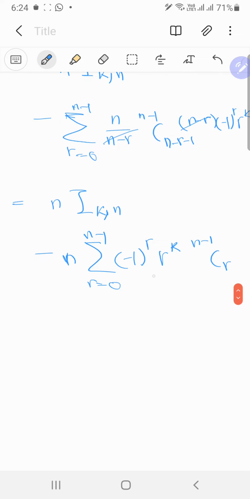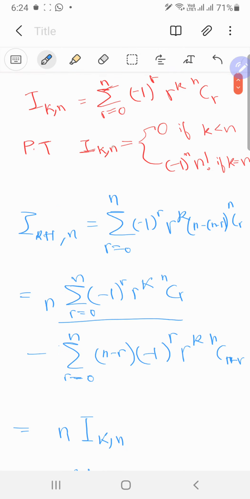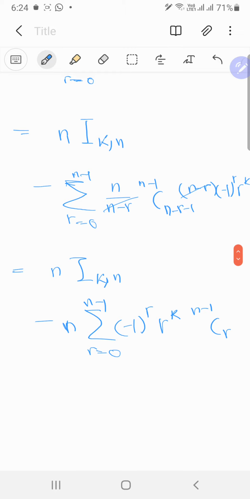And looks like we know what this thing is, right? So if we look at this definition, you can see that if we replace n by n minus 1, we get exactly this thing. So this should be n I sub k comma n minus n I sub k comma, if we replace n by n minus 1, we should get this thing, yeah.